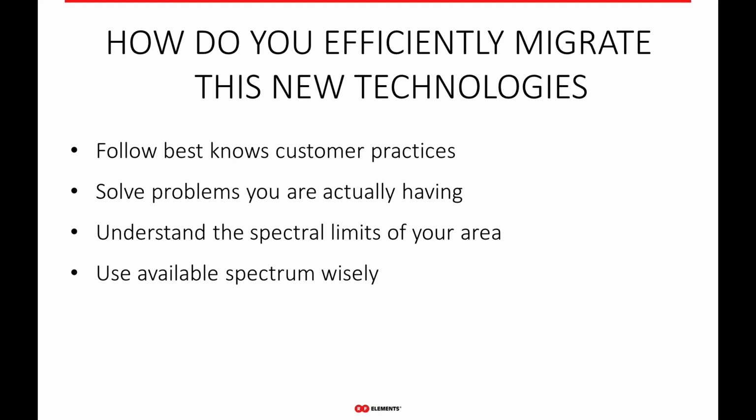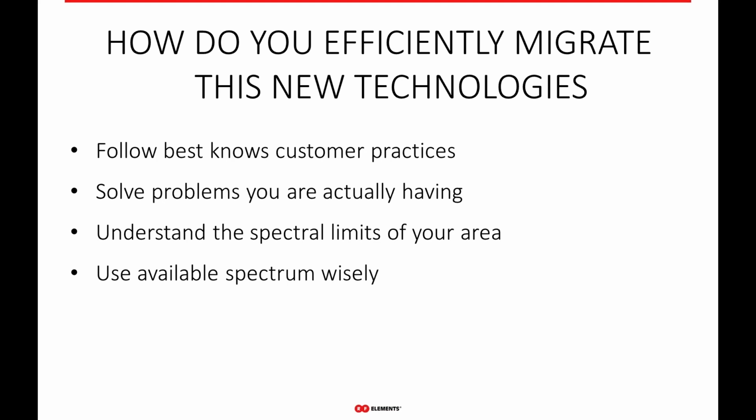To efficiently migrate to this new technology, it's important to really solve the problem you're actually having, right? Having a clear understanding of what your issue is, whether it's poor latency, poor throughput, or high amounts of noise, will help in deciding which of our horn antennas to use and how to use them properly.